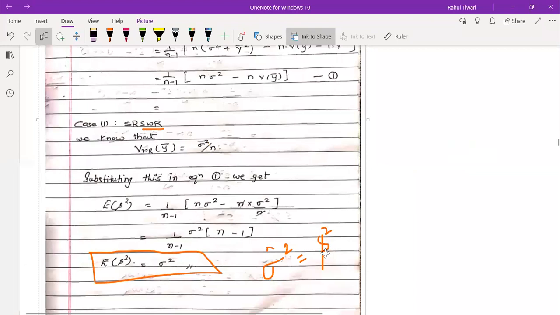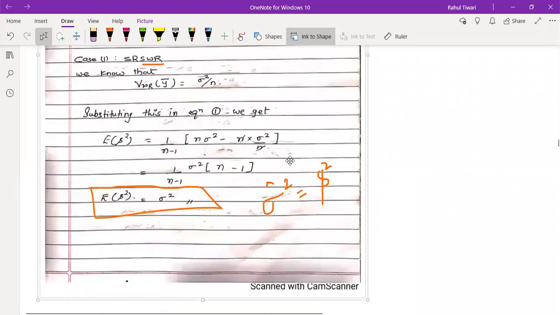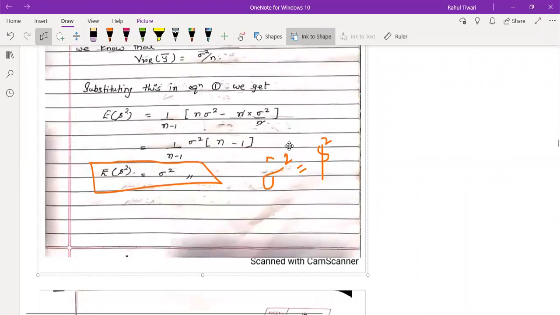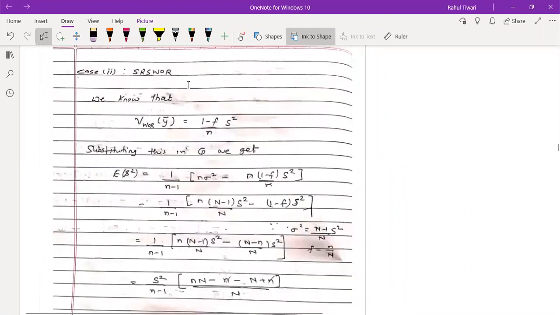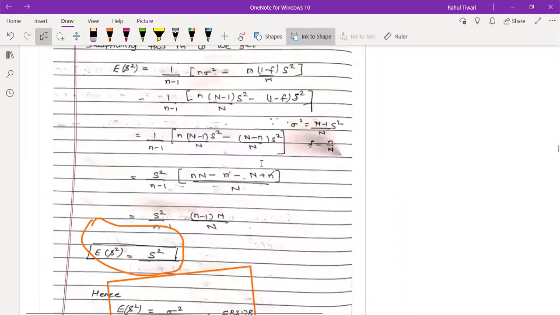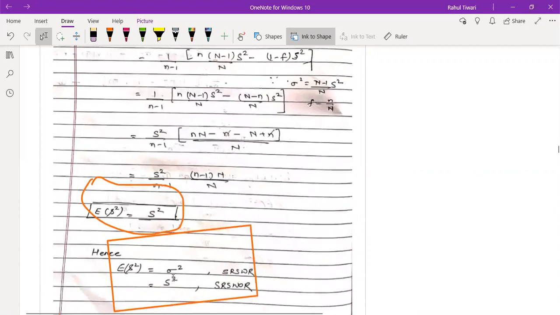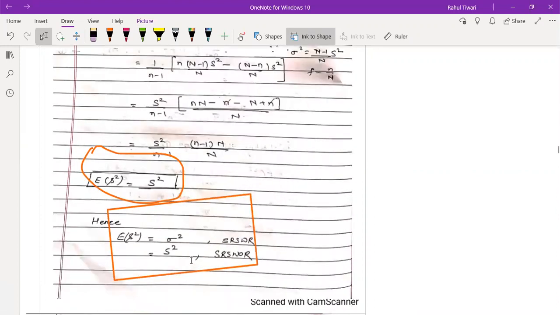So small s square is equal to sigma hat square, so sigma hat square can be replaced by small s square. Then in WOR also we follow the same procedure, and hence we get this result. So we can just go through this.